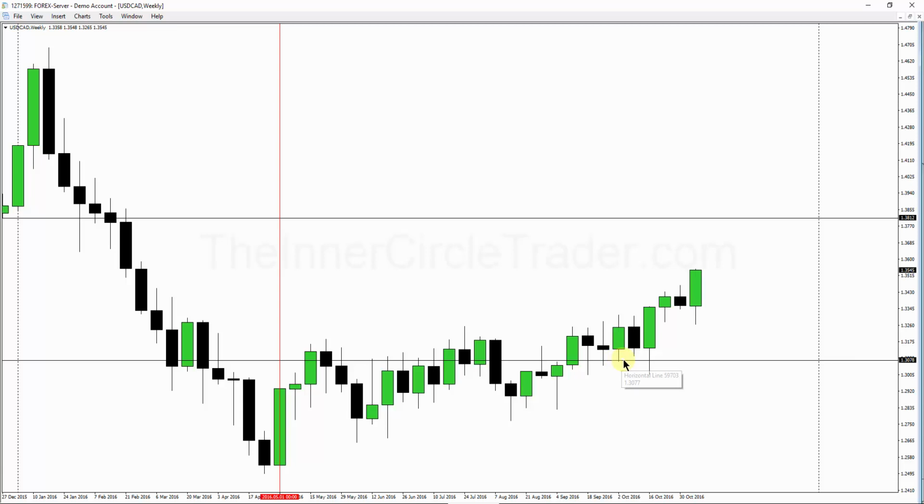Notice also that the monthly candle at 130.70, we'll call it 130.80. We'll just round it to 130.80. That's close enough for government work. Price drops down into that a couple different times, and you see price has expanded.